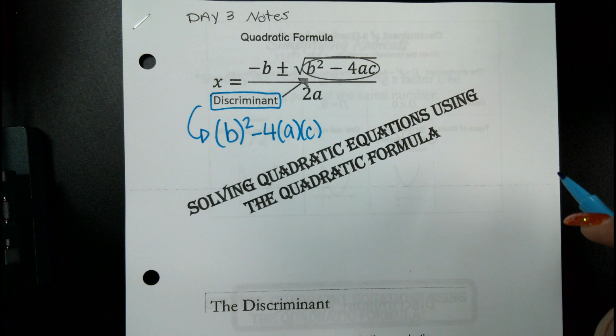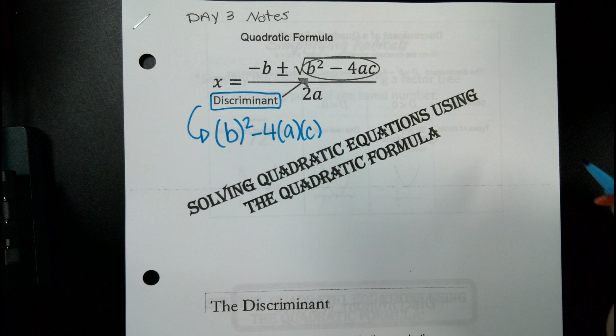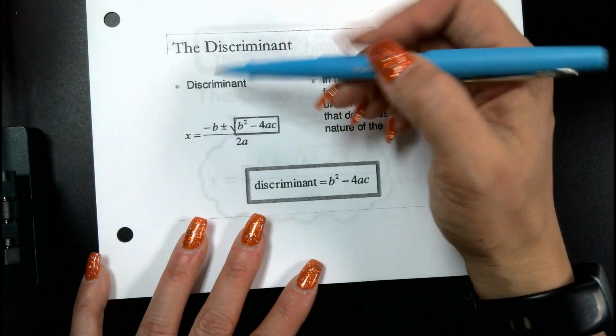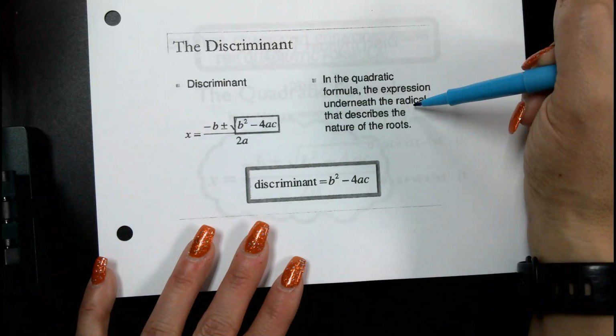The discriminant tells you about the solutions the quadratic is going to have. It'll tell you if there's only going to be one solution. It'll tell you if there's going to be 2. Down here at the bottom, it shows the entire quadratic formula and will describe the nature of the roots.